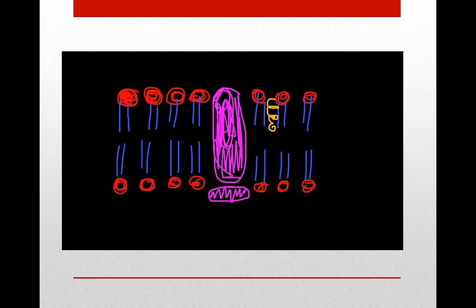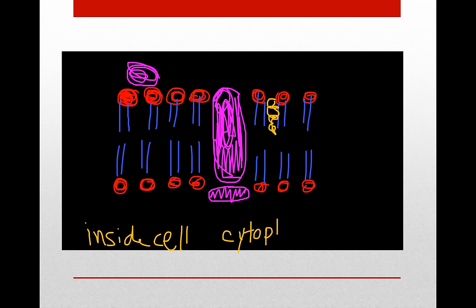We should also draw some glycoproteins. By the way, this is inside the cell, or the cytoplasm. And this is outside the cell, or the extracellular fluid.